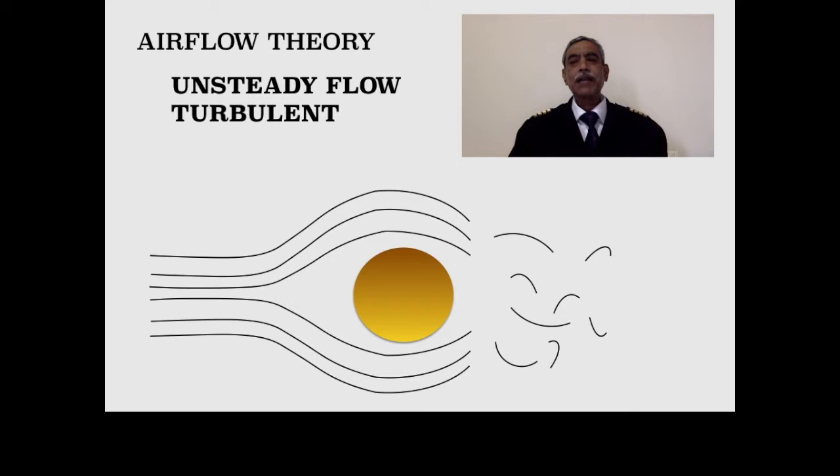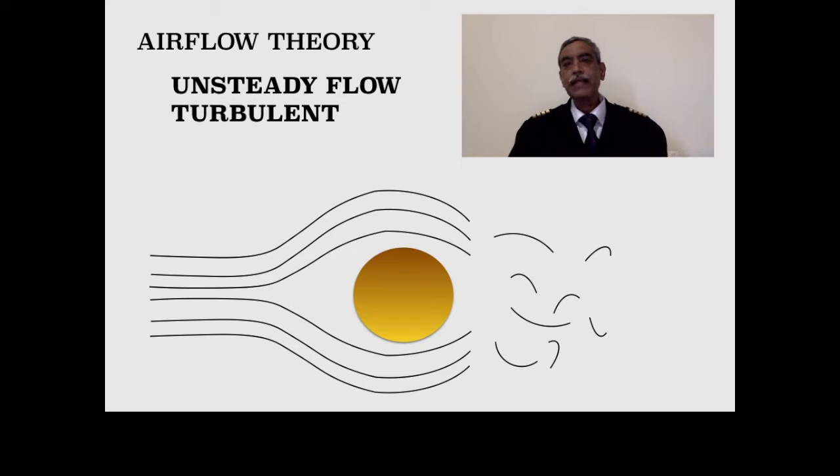And last but not the least is, of course, unsteady or turbulent flow, as I have shown in a diagram in which a cylinder or a sphere has an airflow taking place around it. Initially, it's beautiful and it's a classic kind of flow.